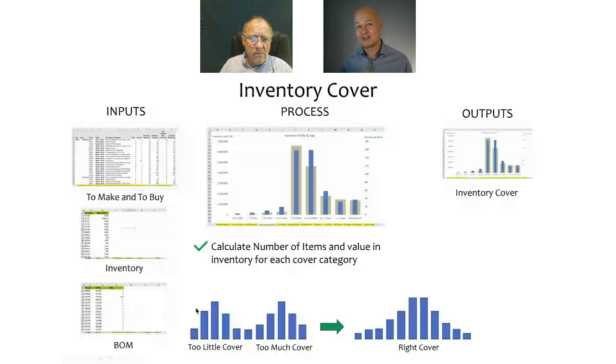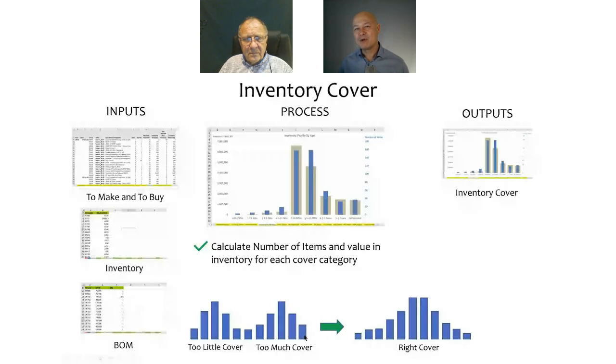For many businesses, if we were to do this kind of analysis on their inventory, we'd find that there's a lot of items where there's too little cover, the cover categories that are much shorter than we'd like, leading to risks of shortage. And then a lot of items over here where we have too much cover. And for the ones in the middle, there's a bit of a trough. The DDMRP people call this a double humped camel, a dromedary camel.